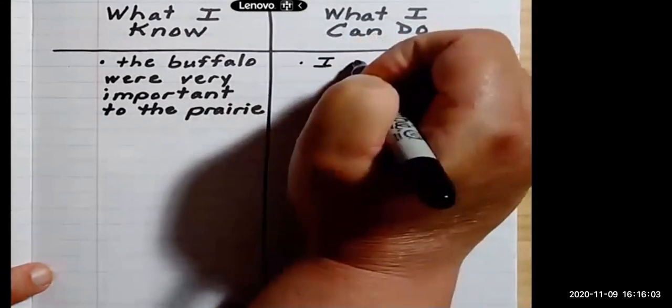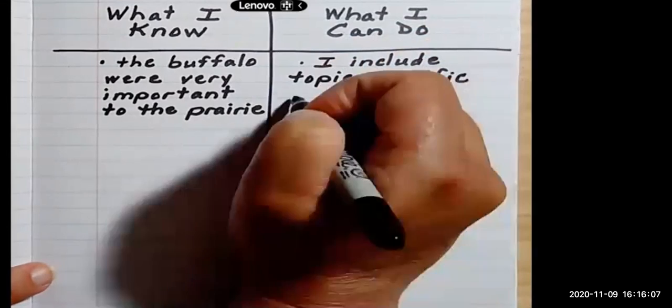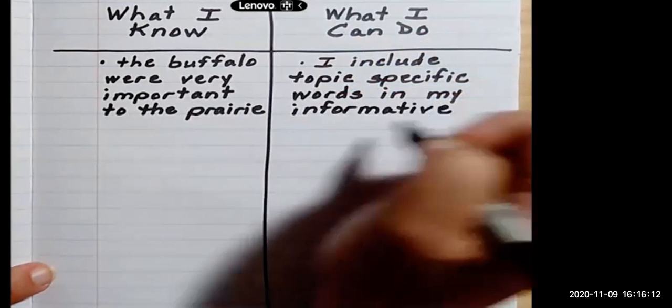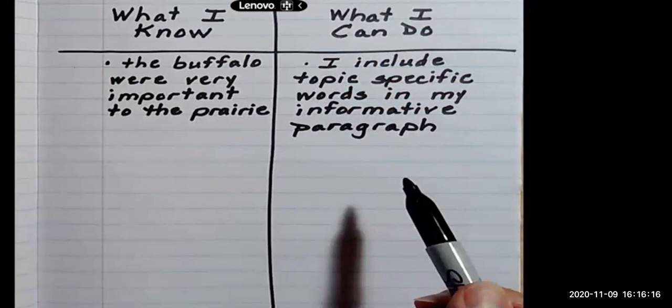We've learned a lot about topic-specific words, and now I include topic-specific words in my informative paragraph. Historians use topic-specific words when they're communicating information about the past.